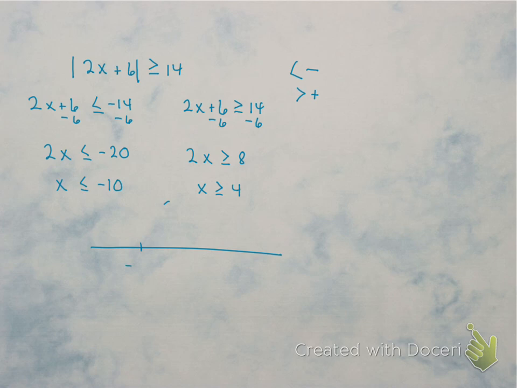Okay, so negative 10 and 4, closed hole over the negative 10 and to the left, closed hole over the positive 4 and to the right.